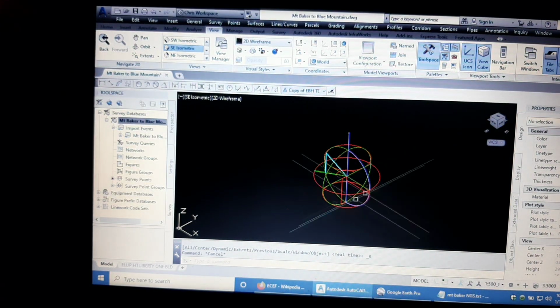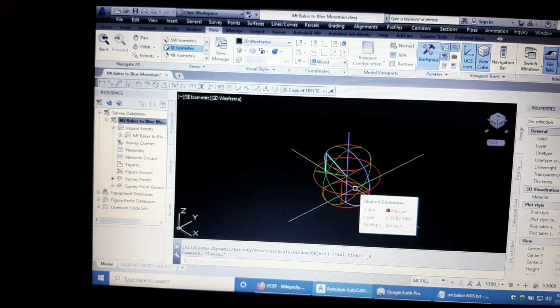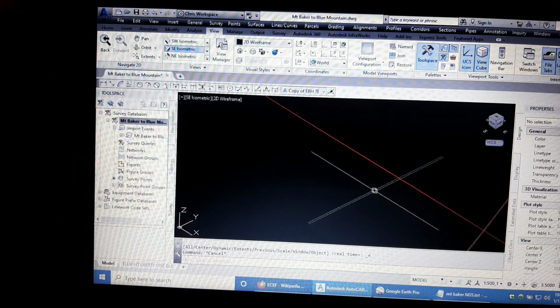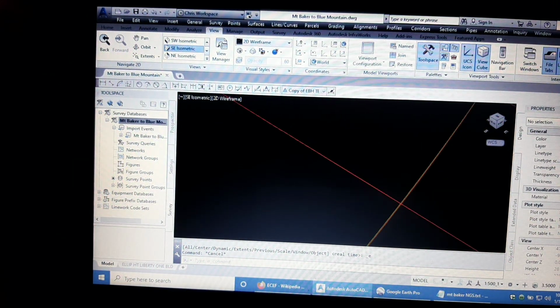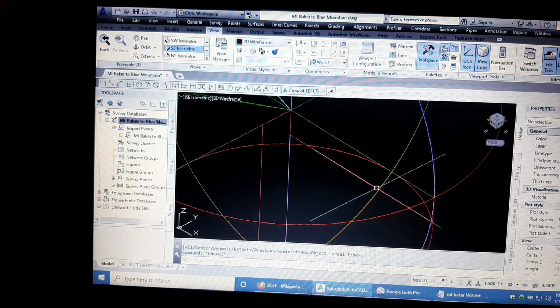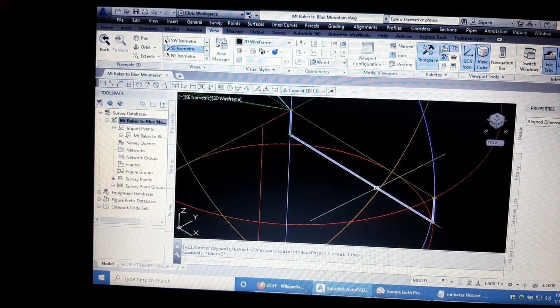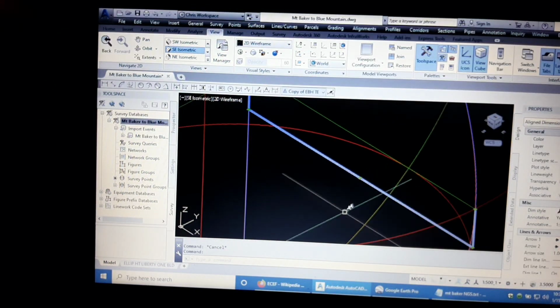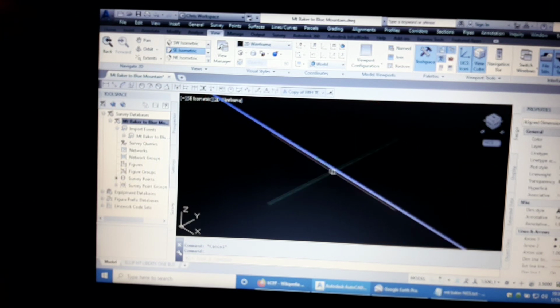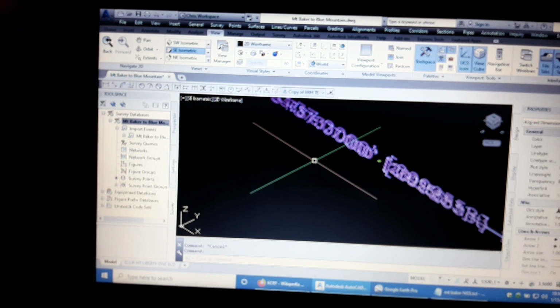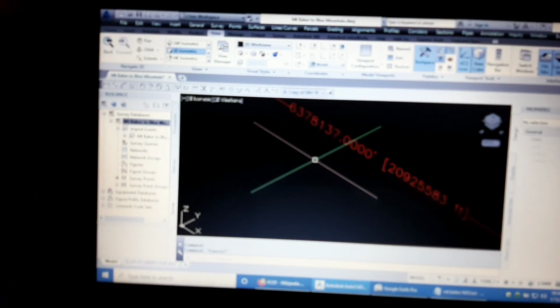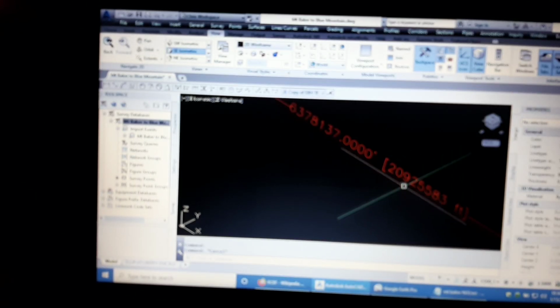And this is in meters. So I have the ellipsoid and the perfect circle, both of them. So that's in feet and that's in meters.